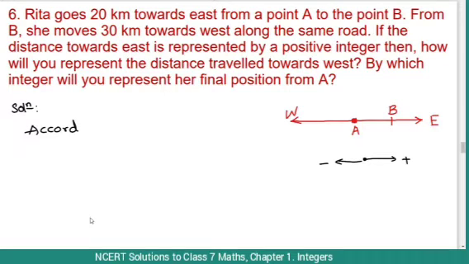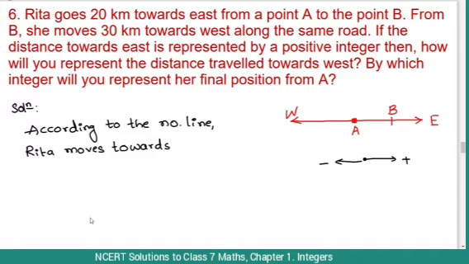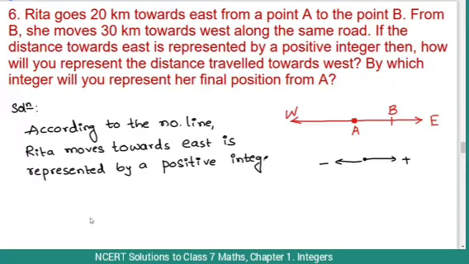Solution. According to the number line, Rita moves towards east is represented by a positive integer, but she moves in the opposite direction.